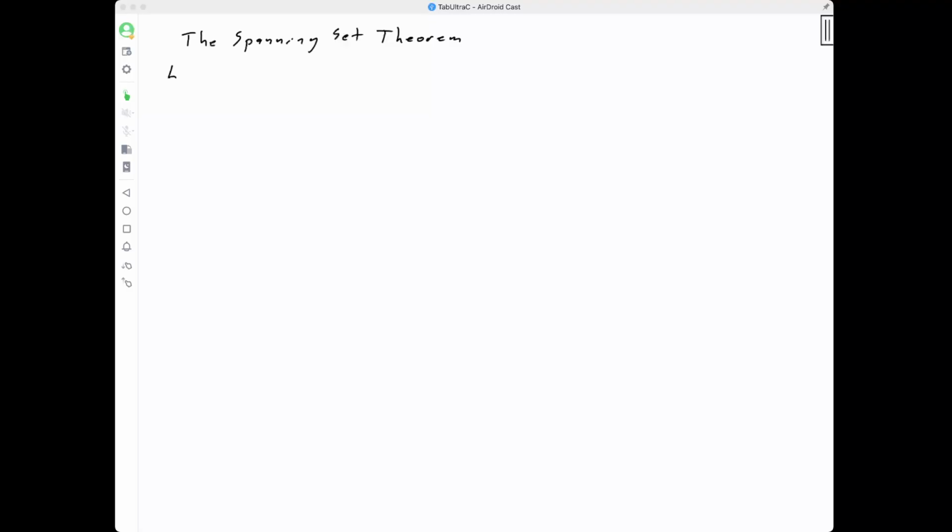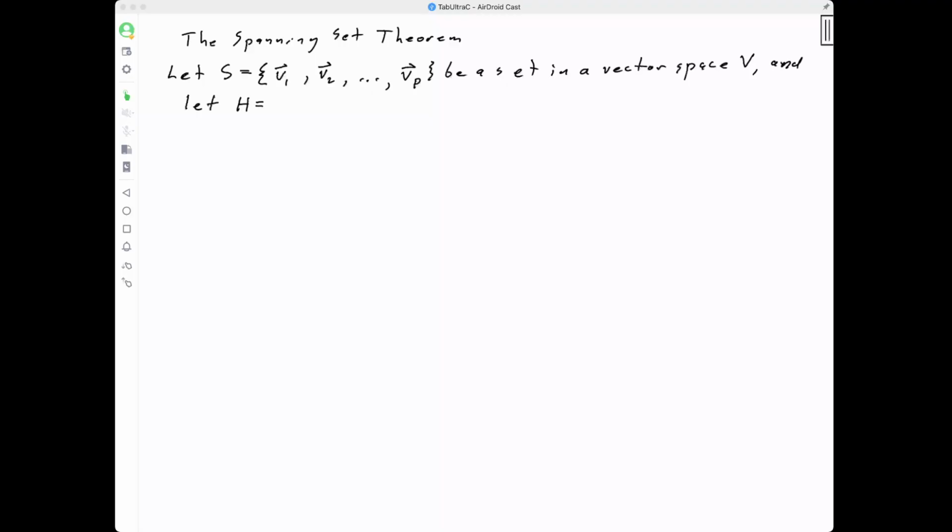The spanning set theorem says, let S be a set of vectors in vector space V, and let H be the subspace of V that is defined by the span of S. So H is the subspace where every vector that you can get by taking a linear combination of V1 through Vp is in H.